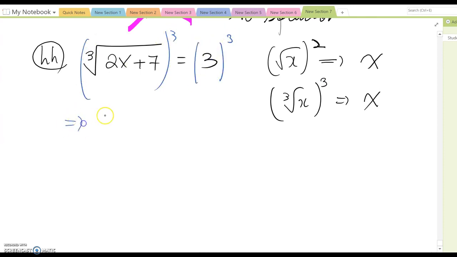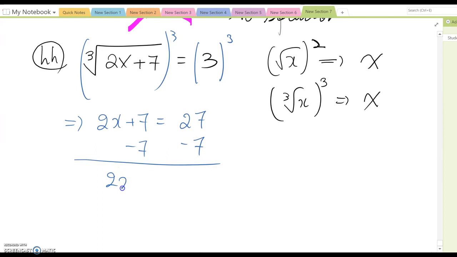Then this becomes 2x plus 7 equal to 27. So subtract 7. Then 2x equal to 20. Now divide by 2 and we got x equal to 10.